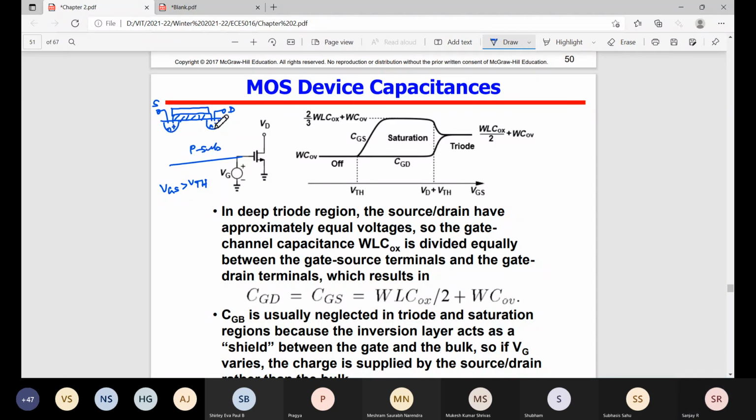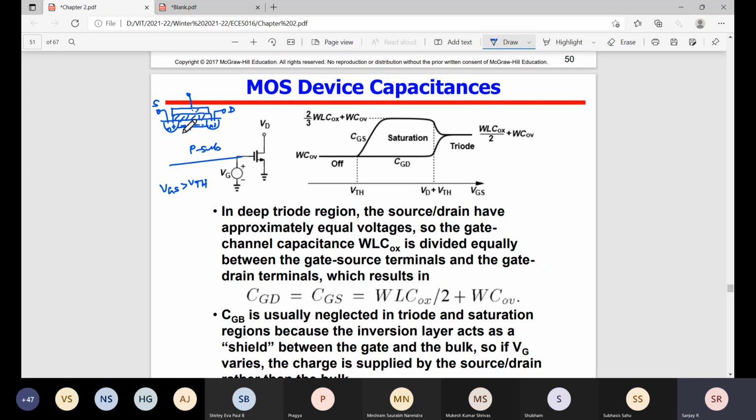Okay, first thing is that here the inversion layer is formed. So now that the inversion layer is formed, there won't be any gate to bulk capacitance. Only the gate to channel capacitance will be there. Now you can see the channel is uniformly distributed.